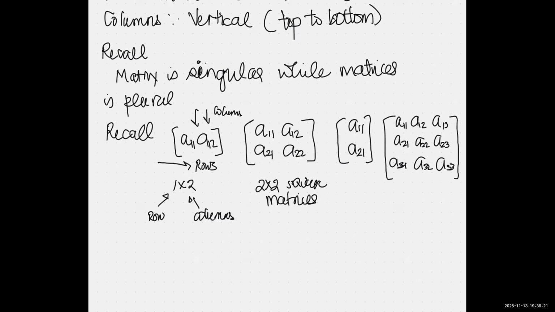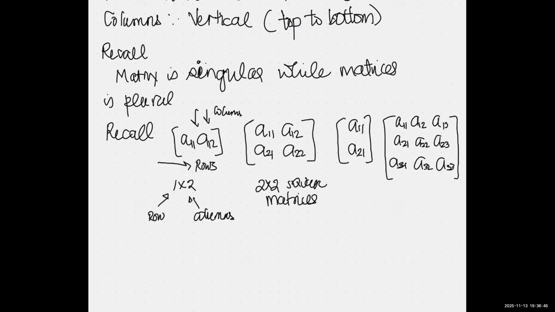Why is the 2 by 2 called a square matrix again? 2 rows, 2 columns. Come on, think a little bit more. What do you know about a square? Four equal sides. Good. So you know that the rows and the columns are equal, so that's why it's called a square matrix.